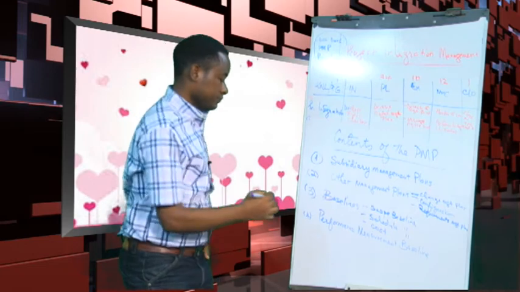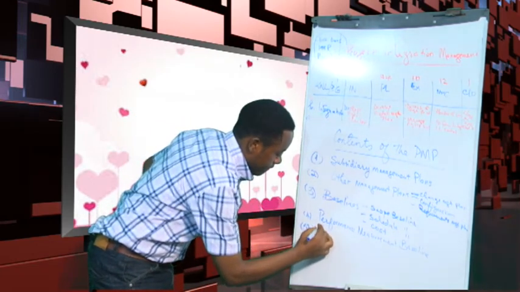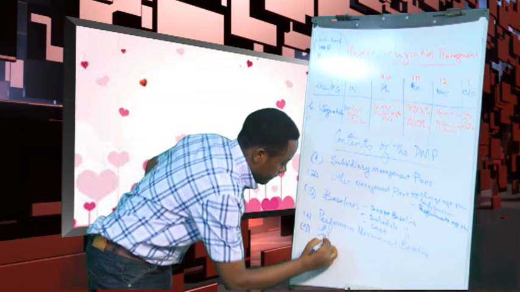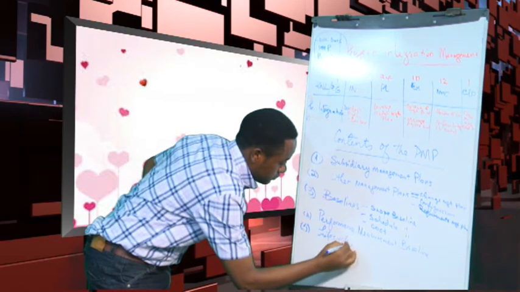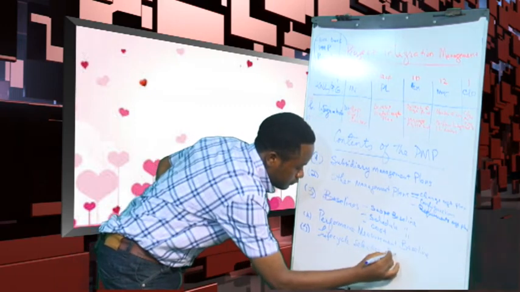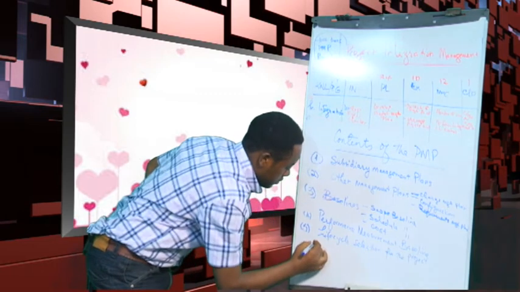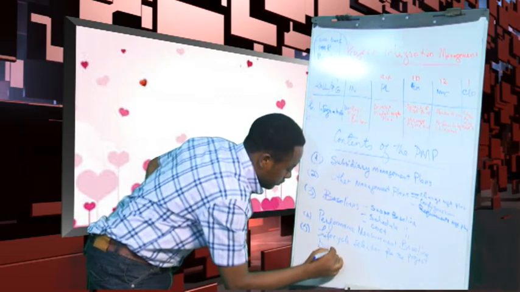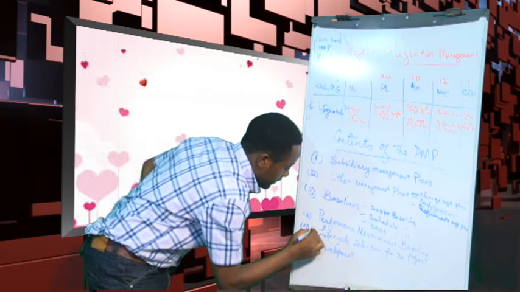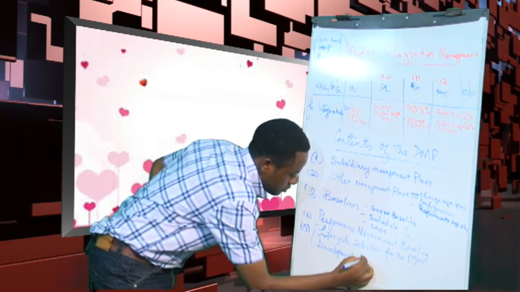Number 5, life cycle selection for the project and the development. So 5 has a combination of approach and development approach.